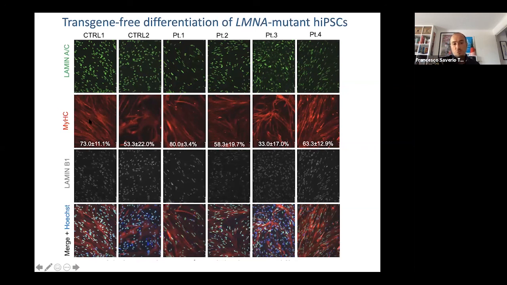The final output, which is the presence of myosin heavy chain, we see that with a bit of variability, but with no statistical significance, we basically see myosin heavy chain in all the 4 now laminopathy patients and the control without much difference, telling us that there is no major impact of dysfunctional lamin AC on the skeletal myogenic differentiation program, and suggesting even more that investing in modeling nuclear abnormality might be the right thing to do, because looking at the phenotype and looking at the actual myogenic differentiation might not be a critical output to analyze.